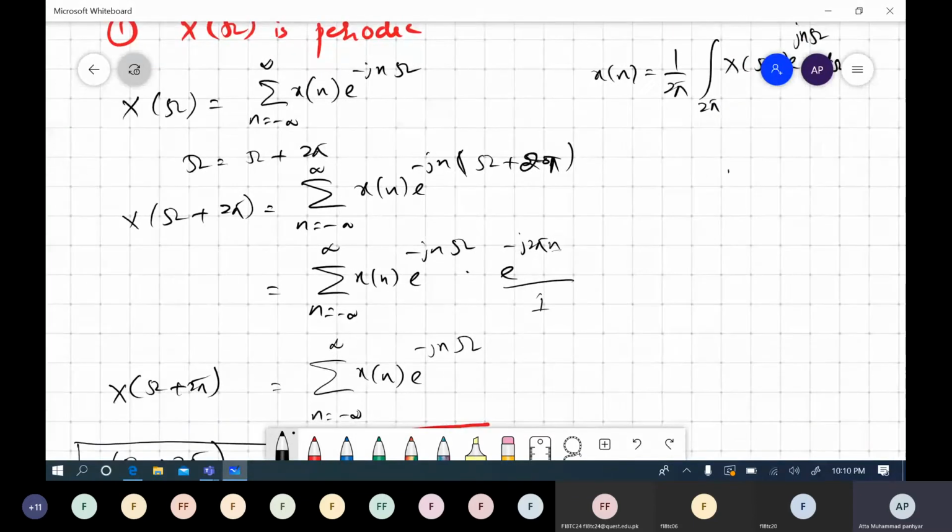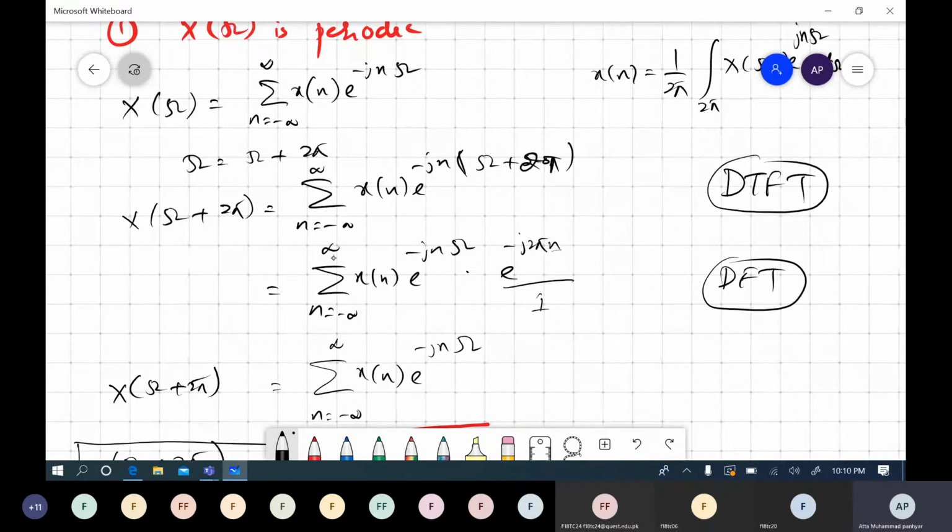There is a difference. I must elaborate here. DTFT and DFT are two different transforms, right? We cannot say this particular transform which we are discussing is DFT, because the DFT has its spectrum also sampled, right?